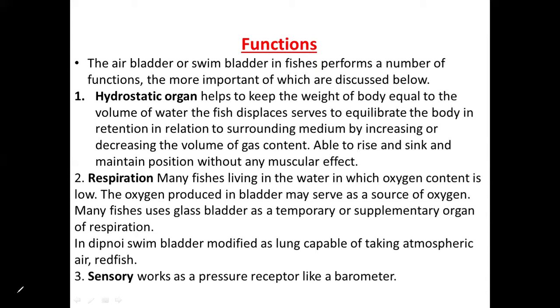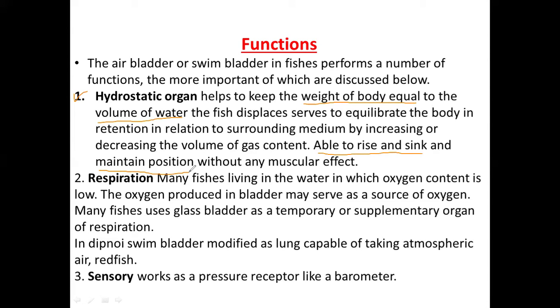So there are many functions of the air bladder. First, it will be functioning as a hydrostatic organ. So to keep the weight of the body equal to the volume of the water displaced by the fish, so that it can easily equilibrate in the water media, so that it can easily rise and sink and maintain position without any muscular effort.